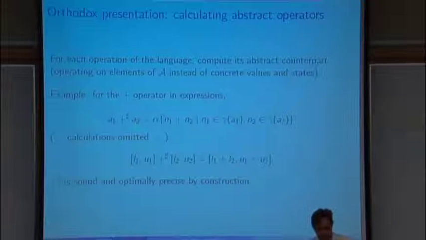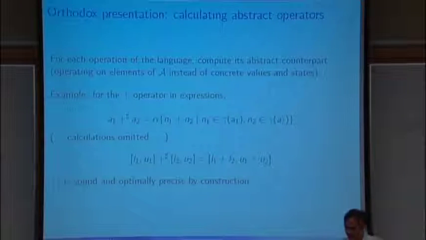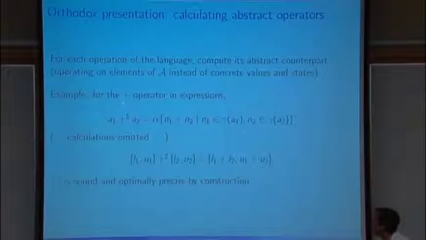And then, once you've decided on this Galois connection, then you can start to compute the abstract counterpart of the operations of the language. So, for instance, if in your language you have integer addition, then in your domain of intervals you can define an addition in the abstract domain, and the definition is canonical.